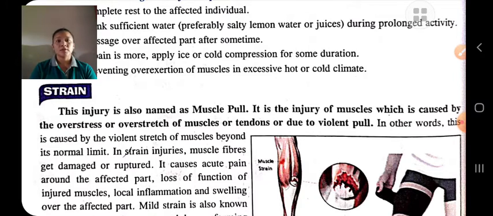Strain causes acute pain, swelling over the affected part, sometimes loss of functioning of the injured muscles, etc. It can be prevented by doing proper warming up, avoiding jerky movement, etc.